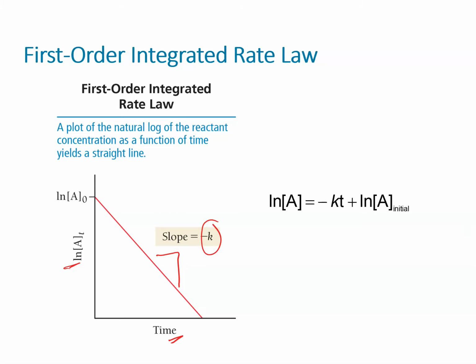So if you were looking to find the rate constant and you were given a couple different concentrations at different time points, you could plot those, get the slope off of a linear plot of best fit, and then the negative of that would be your k, or your rate constant. Pretty slick.